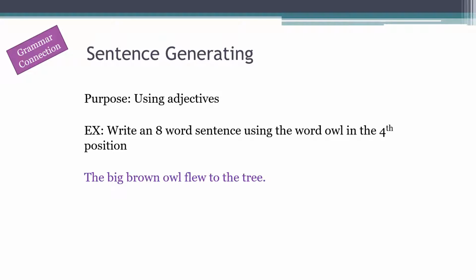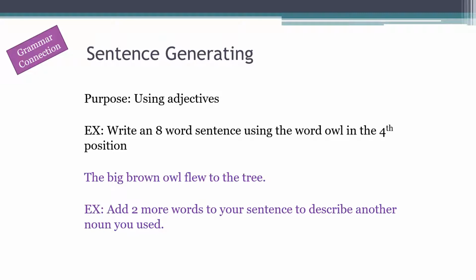I've got owl, the noun, in the 4th position, and I've inserted 2 adjectives in the 2nd and the 3rd position. And so in teaching my students about adjectives, I have helped them generate a sentence, an authentic sentence, that helps them understand those parts of speech.